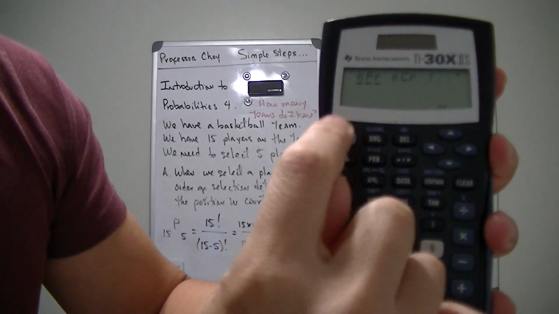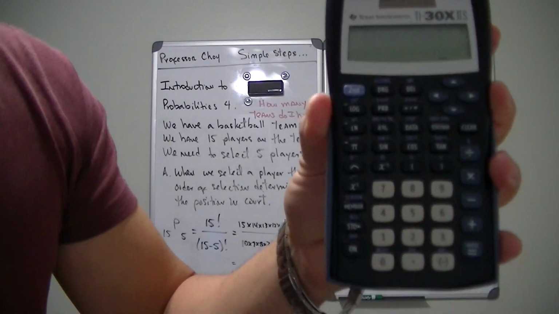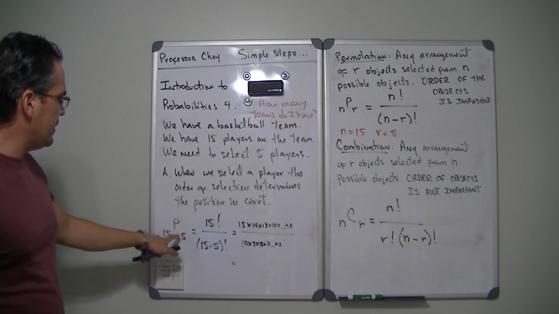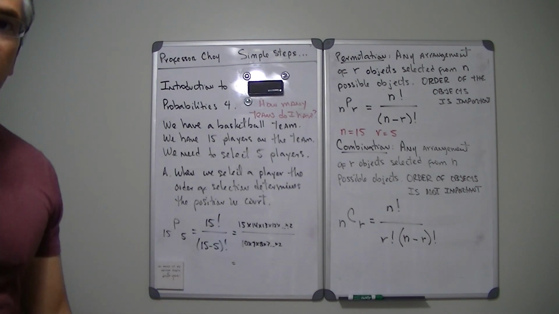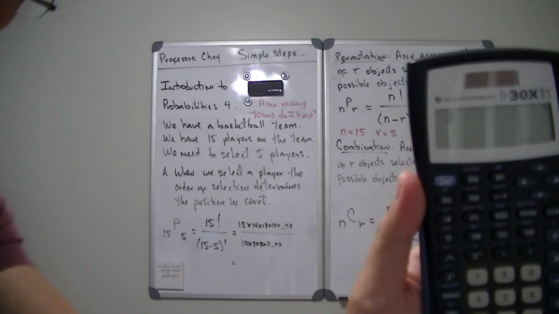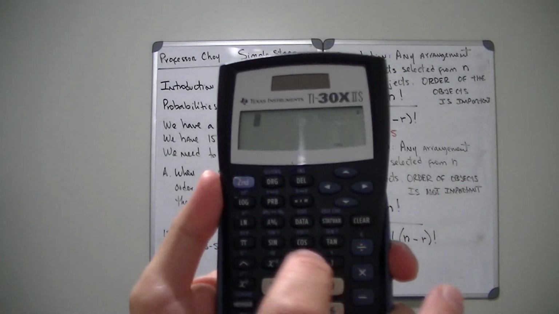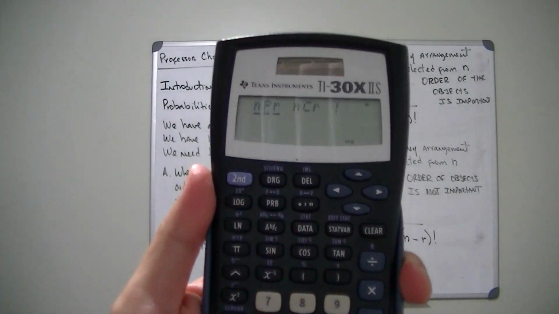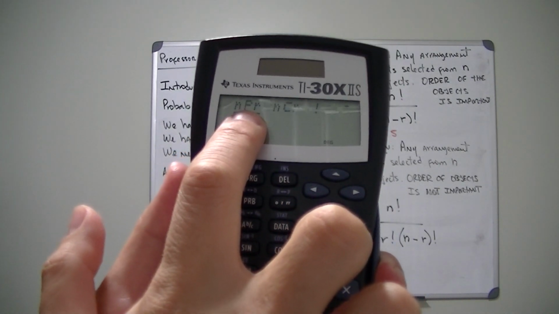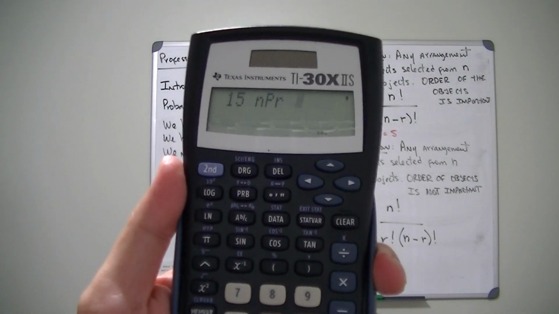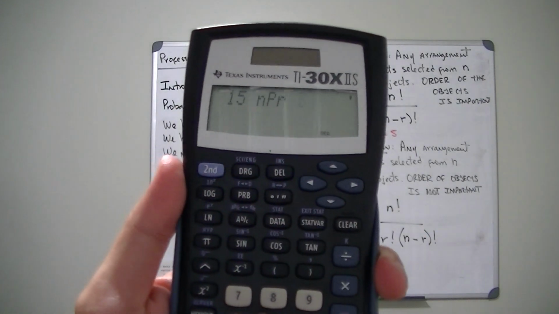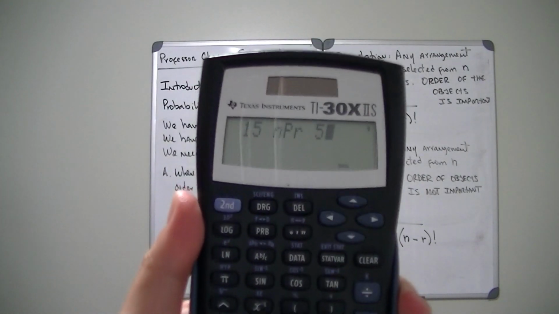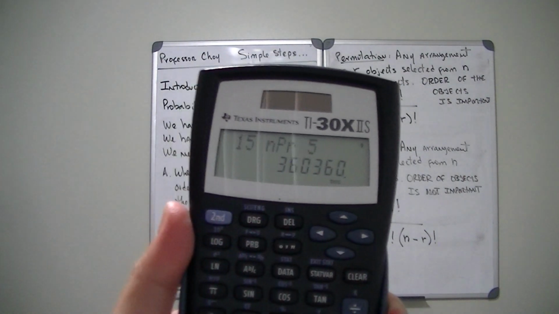Okay, so in order to do the problem that we have right now, which is basically 15P5, what I gotta do is I have to put the 15, then I gotta go to PRB, I select NPR, which is the one that we're doing, which is permutation, and then I put the R, which is 5, and then the answer will be 360.